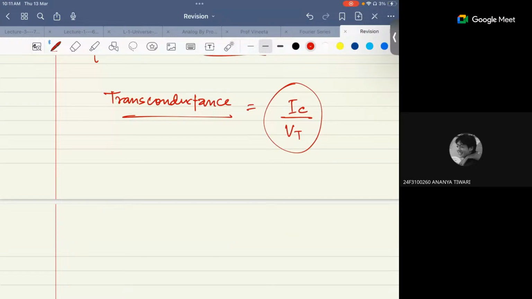Are rectifier circuits linear or non-linear? It's linear, sir. The clipper circuit that you deal with, if you have a diode, will that be linear or non-linear?